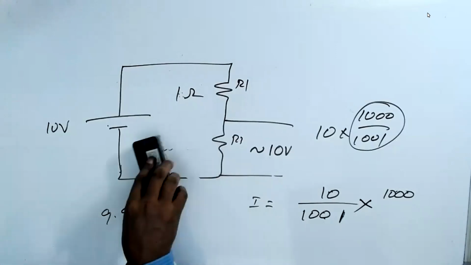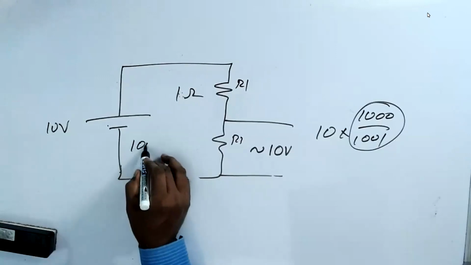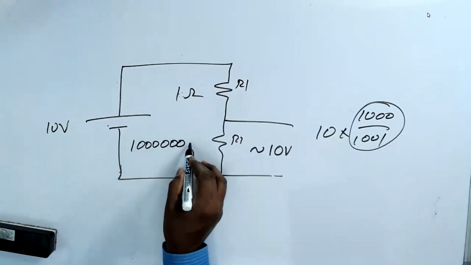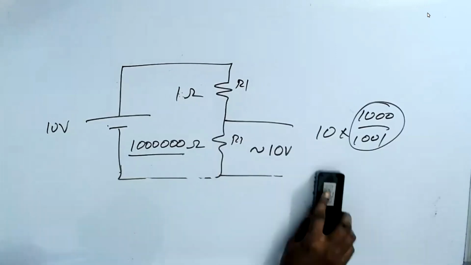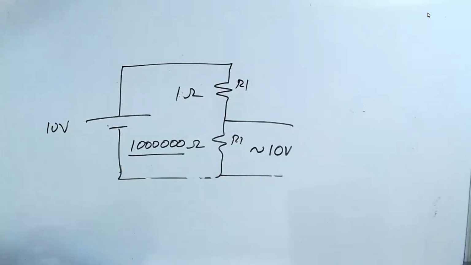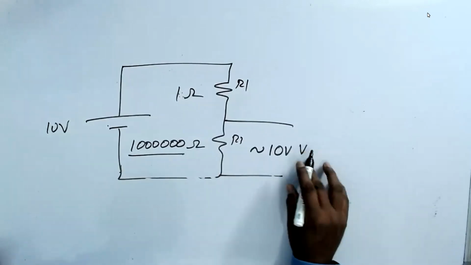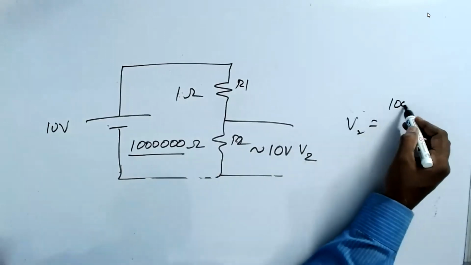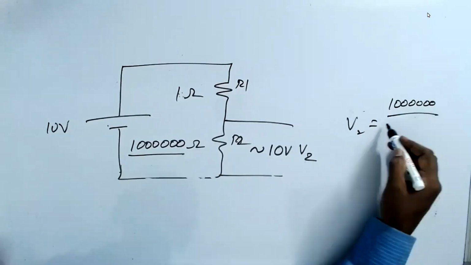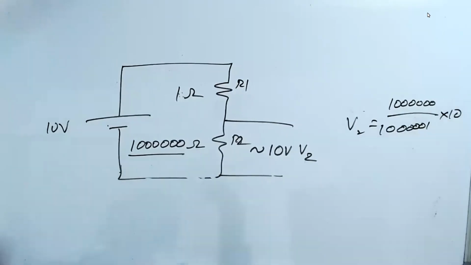If you make this one 1 million ohm, 10 lakh ohm, then what is the voltage? Then it is V2 is equal to 1 million divided by 1 million 1 into 10 volts.